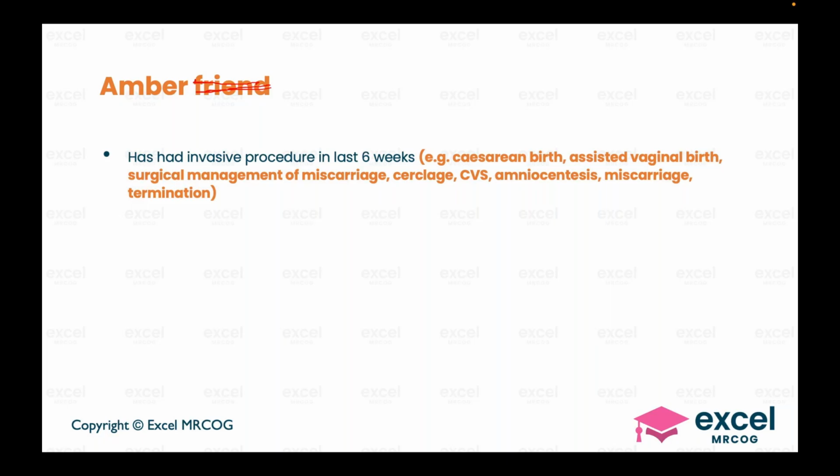So you should not ignore any fever in the postnatal period or in pregnancy after an intervention. All right, also if you know that she has an impaired immune system, like she's on steroids or she has HIV or another immunocompromised state.